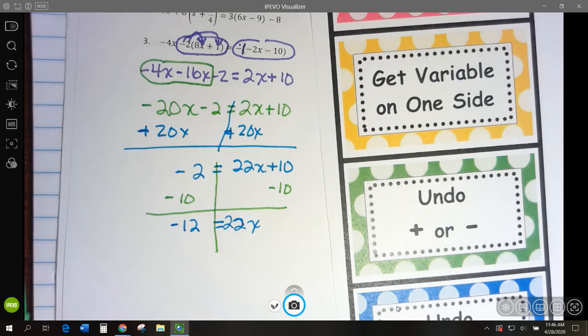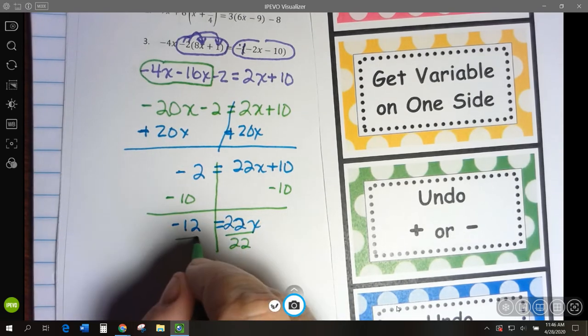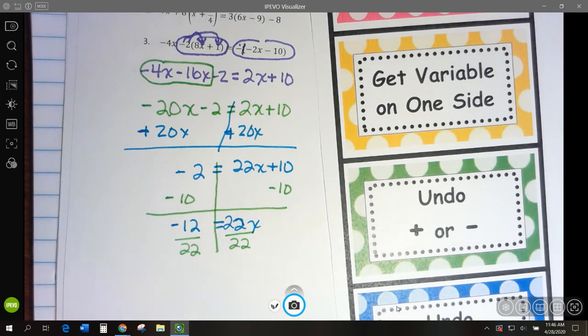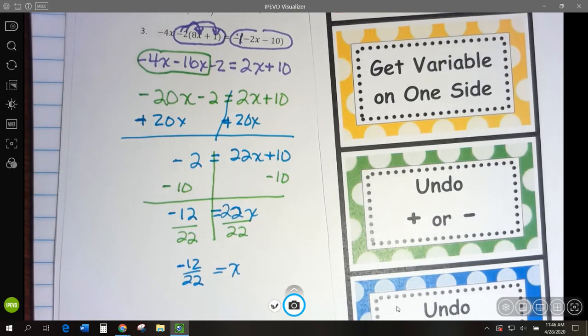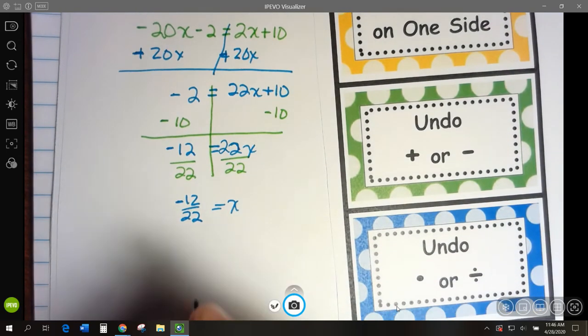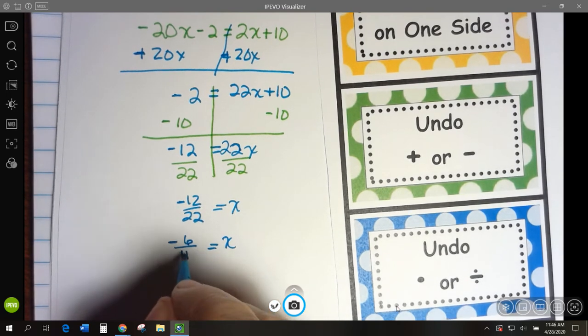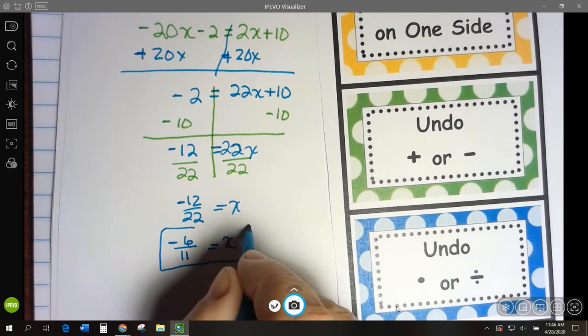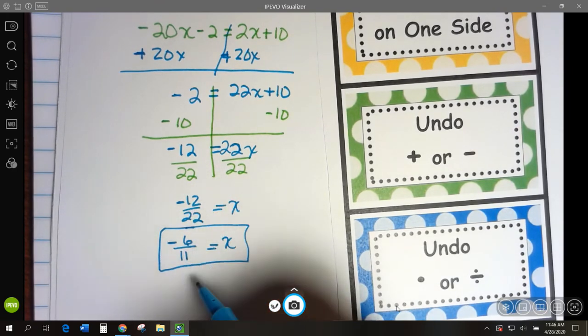Then we're going to divide by 22. And we're going to have x equals a negative 12 over 22. That can actually be simplified to x equals negative 6 over 11. Remember, divide top and bottom, numerator and denominator, by 2 to simplify it.